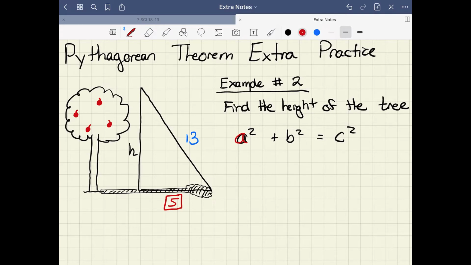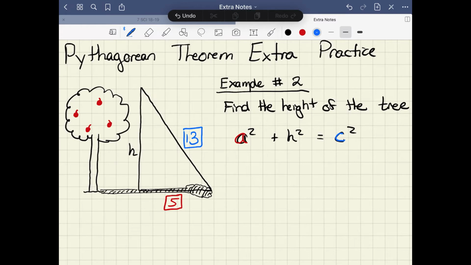The second smallest side, the middle side, is typically B. And in this particular case, we're not going to call it B. We're going to call it H. So I'm going to replace it with the value H. And the last one we know as the hypotenuse. C is the hypotenuse, the longest side, and that would be 13. So we're going to try to find height and use this equation.